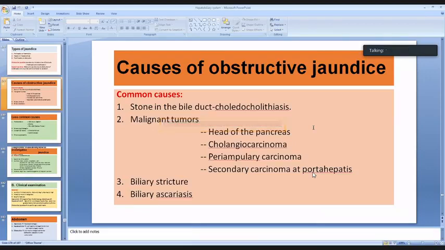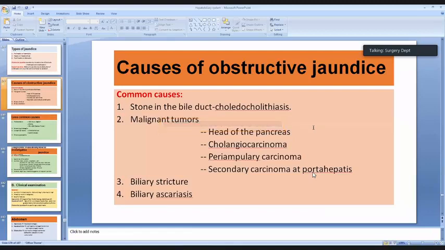So the last part of the CBD passes through the duodenum and it shares with the pancreatic duct to open into the second part of the duodenum. So if there is tumor at the head of the pancreas, the terminal part of the bile duct can be obstructed. The second one is cholangiocarcinoma, that is a malignant tumor involving the bile duct. That is also very common.